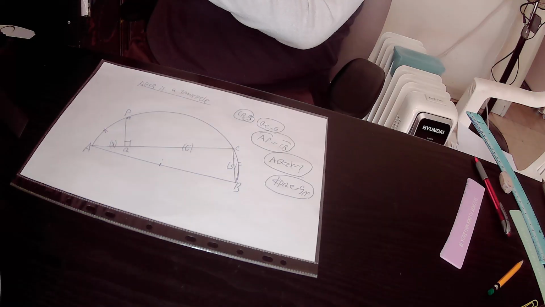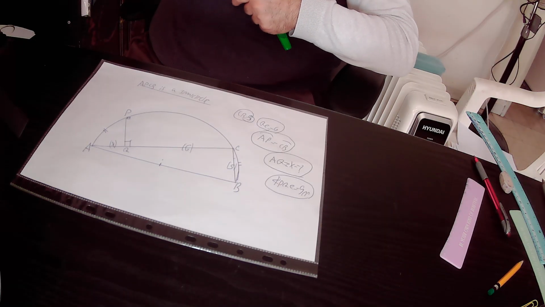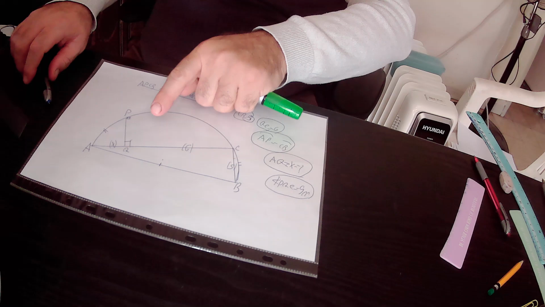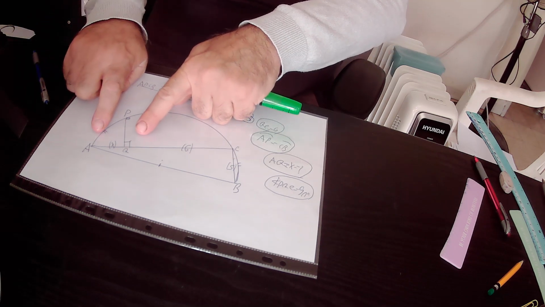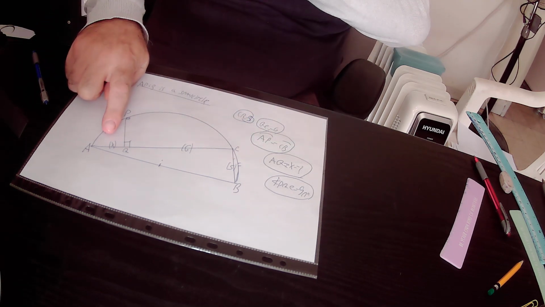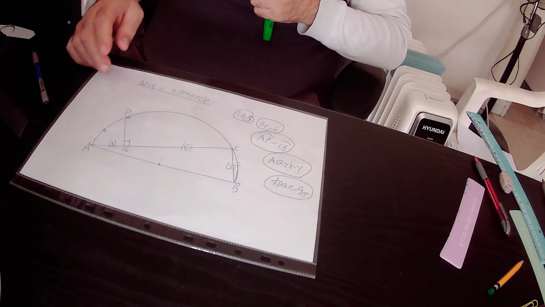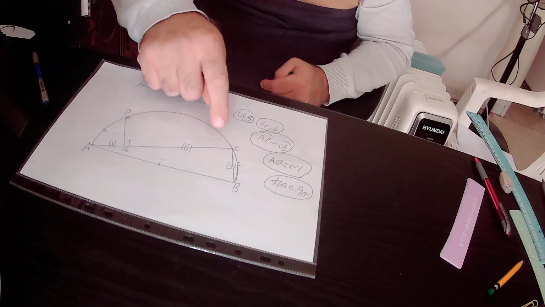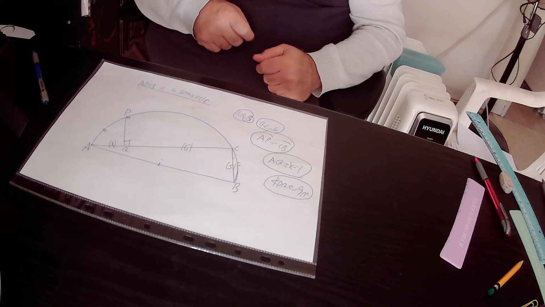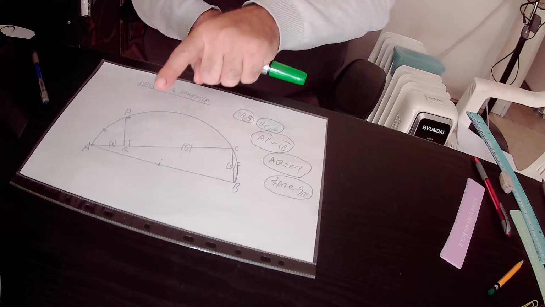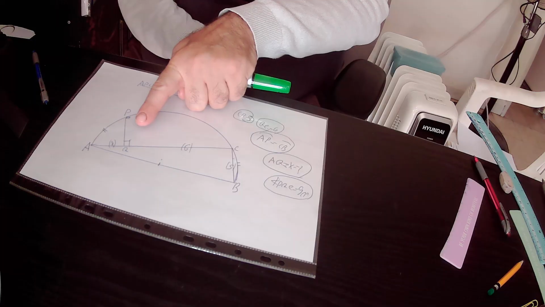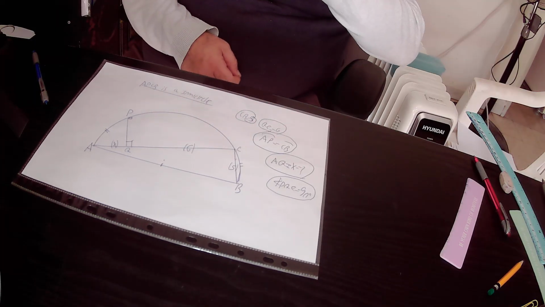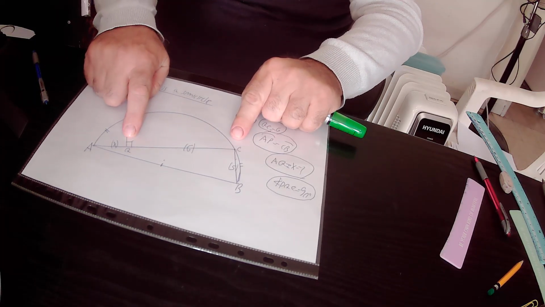In the first question, our task is to find the length of this short line segment AQ that equals x. We have to find the value of x. So in the drawing, we have semicircle APCB. You know that this angle PQC is a right angle. This is line segment QC, which equals 6 units.